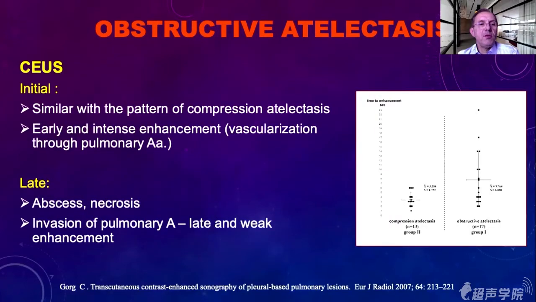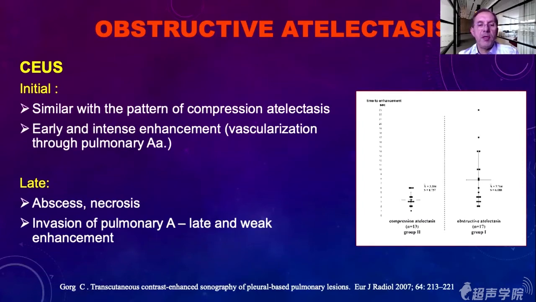When using contrast in obstructive atelectasis, we have a similar pattern as in compression atelectasis, so an early and intense enhancement because the vascularization is through the branches of the pulmonary artery. But we may have also, in some cases, a late and weak enhancement.